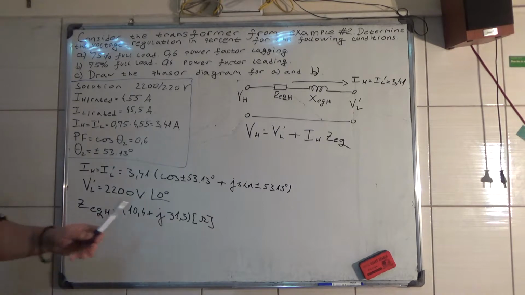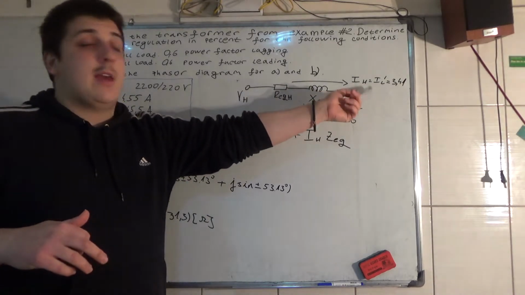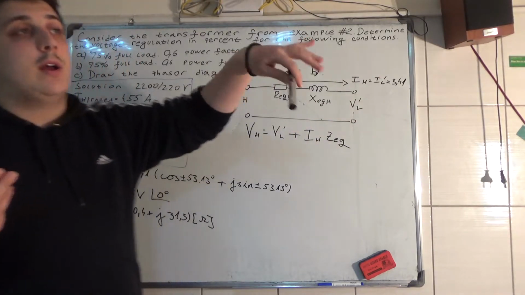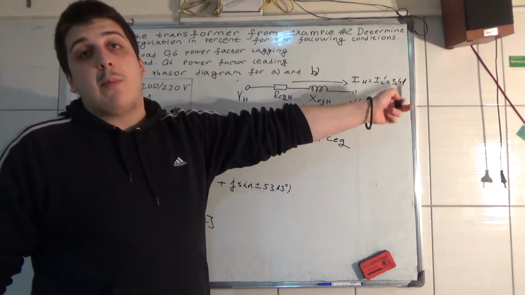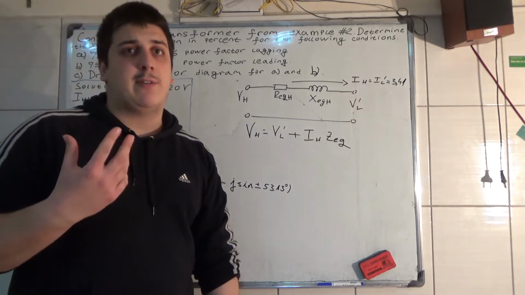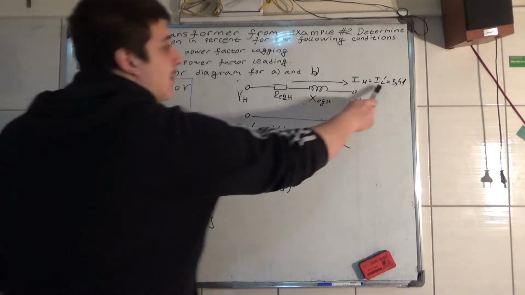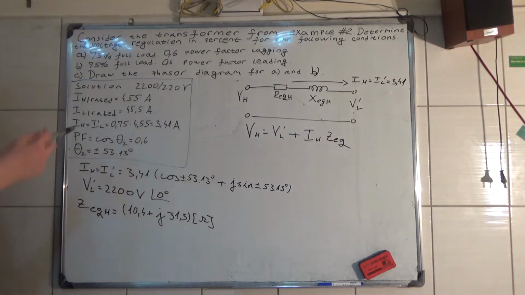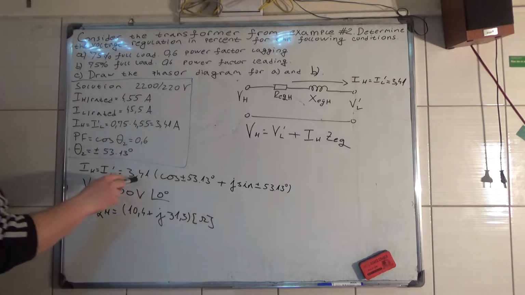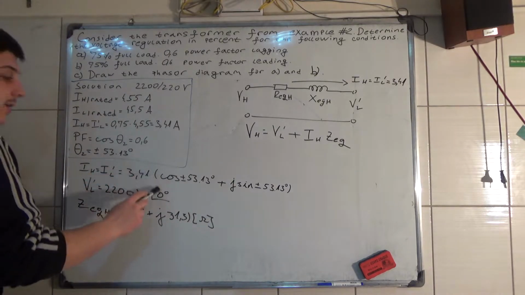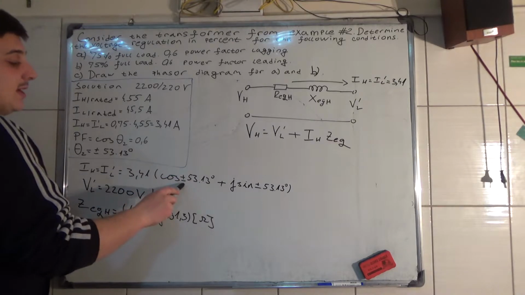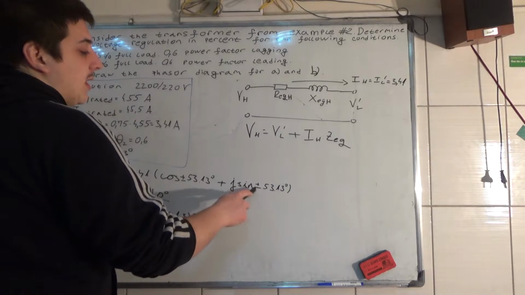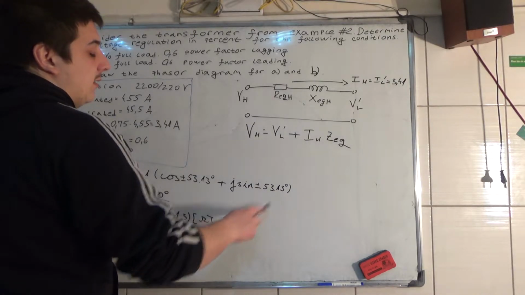Now, as you can see, here we have the high current, IH or IL prime, and its amplitude is 3.41, but it has a power factor. So this is the magnitude of the current, but the complex value of the current is equal to 3.41 times, in brackets, cosine plus or minus 53.13 degrees plus j sine plus or minus 53.13 degrees.